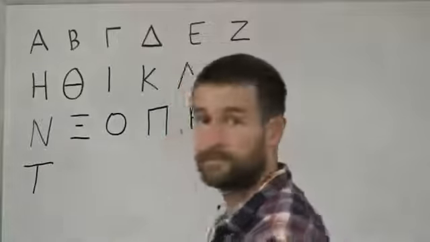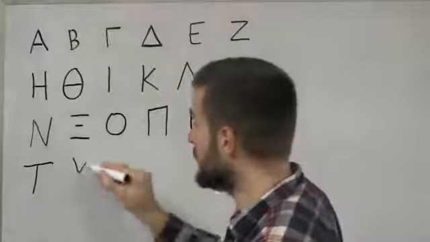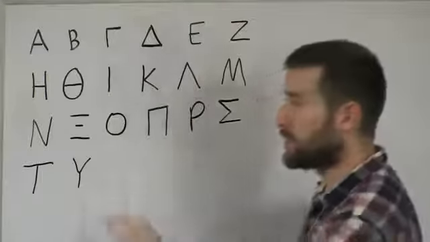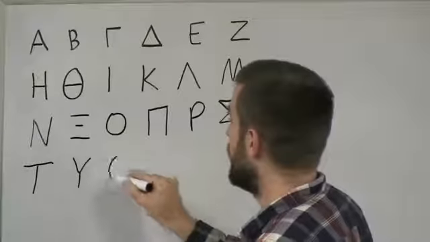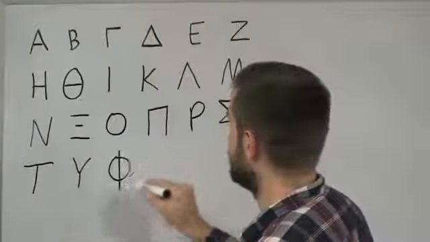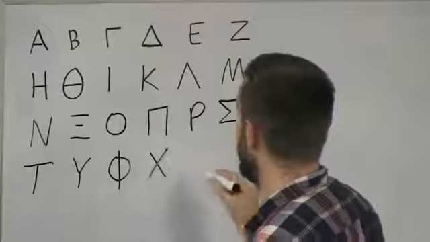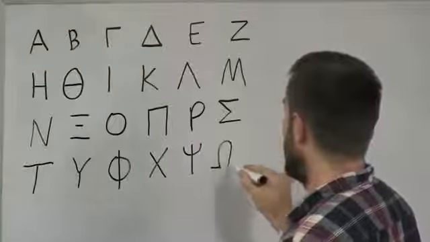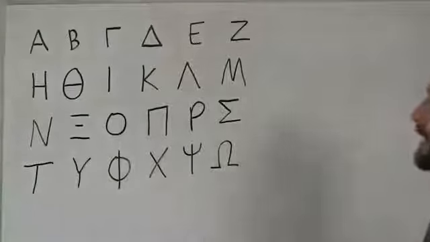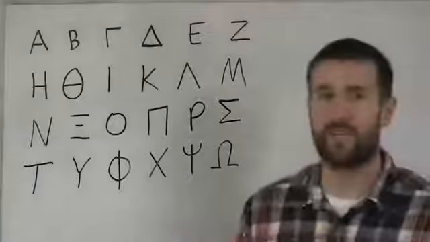Tau, upsilon. So the upsilon looks like the English capital Y. Upsilon, phi, chi, psi, and omega.